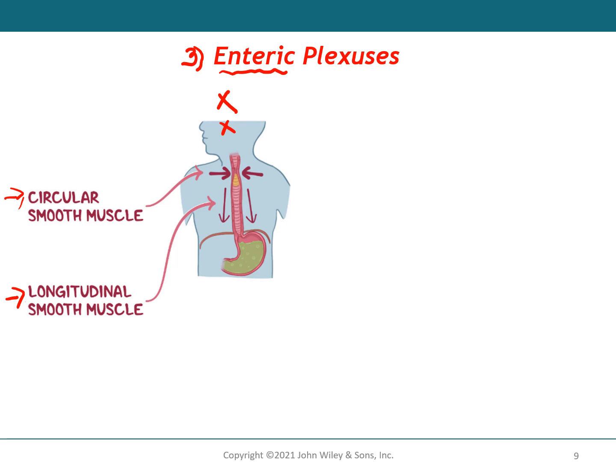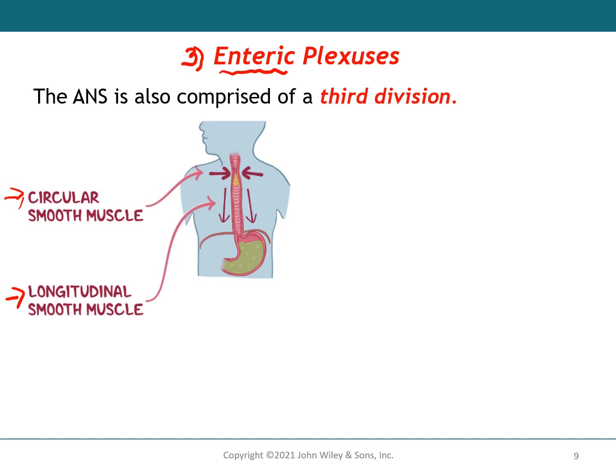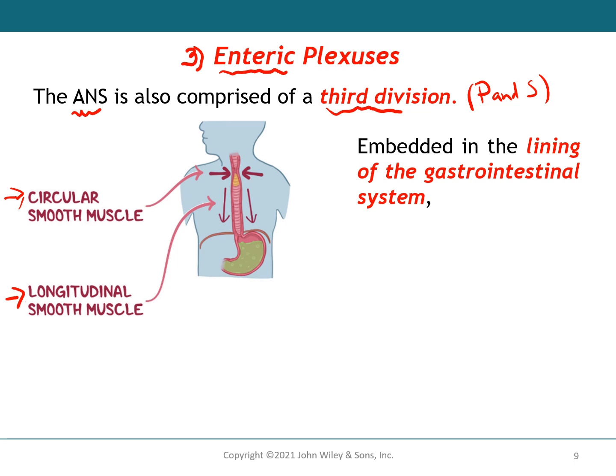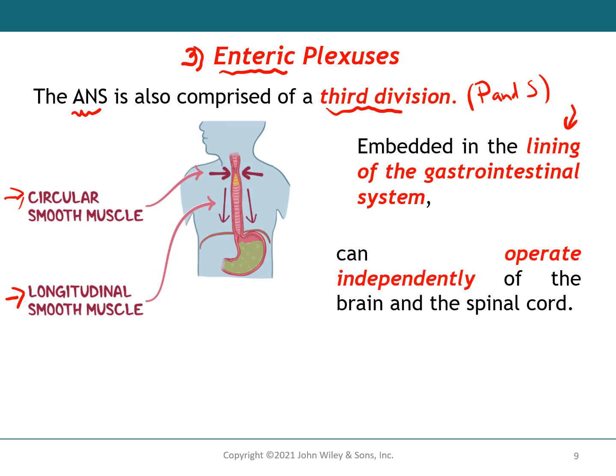So let's summarize a few of the things that I told you. I told you that we have in the autonomic nervous system a third division. In addition to the parasympathetic and the sympathetic nervous system, we have the third division, the enteric plexuses or enteric nervous system. They are lining the gastrointestinal system, and very important, they operate independently of the brain and the spinal cord.